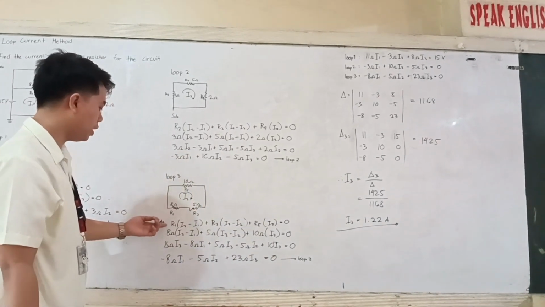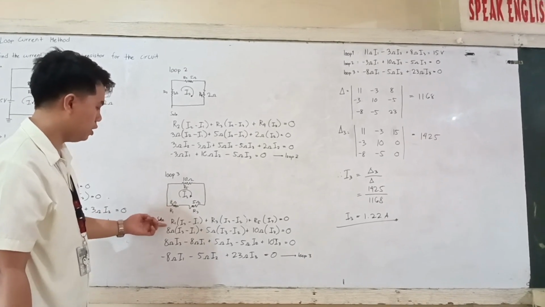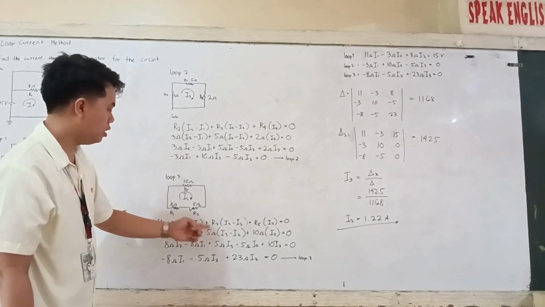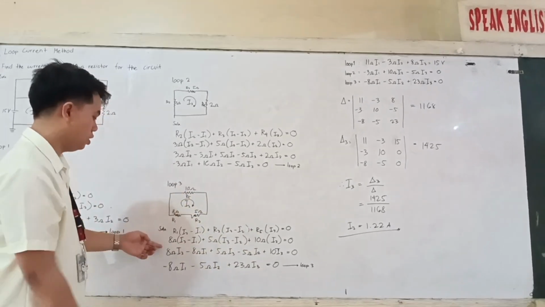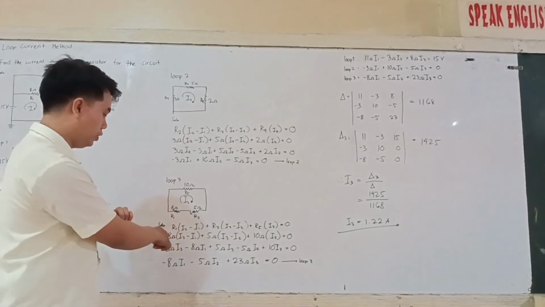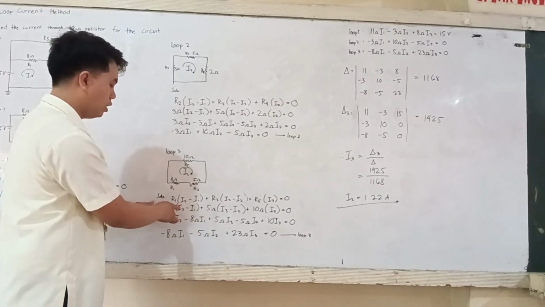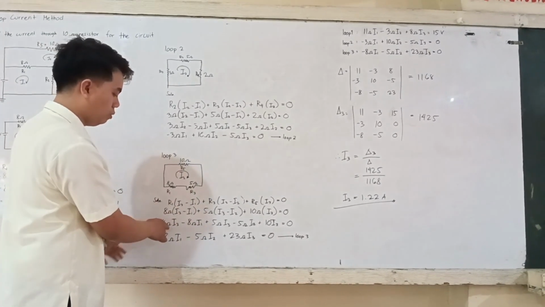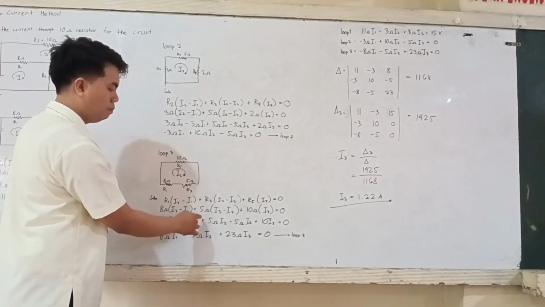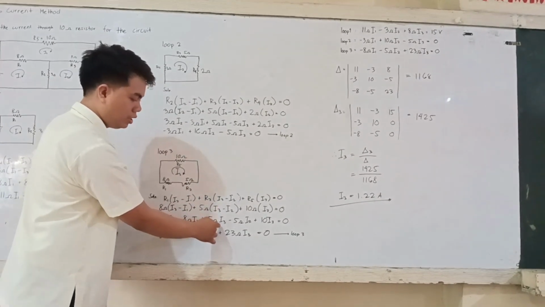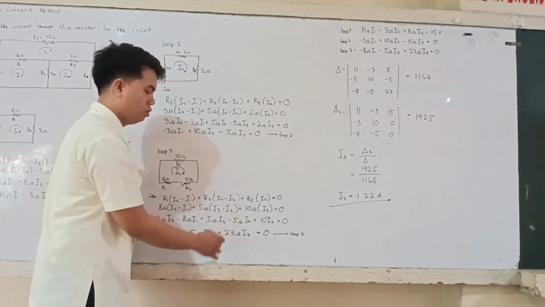Next, plug in the values of the resistors. Our R1 is 8 ohms, our R3 is 5 ohms, our R5 is 10 ohms. Next is distribute the given. So 8 ohms I3 minus 8 ohms I1 plus 5 ohms I3 minus 5 ohms I2.